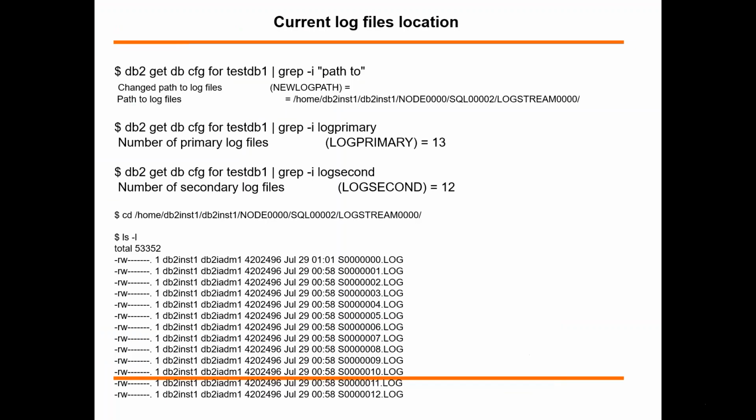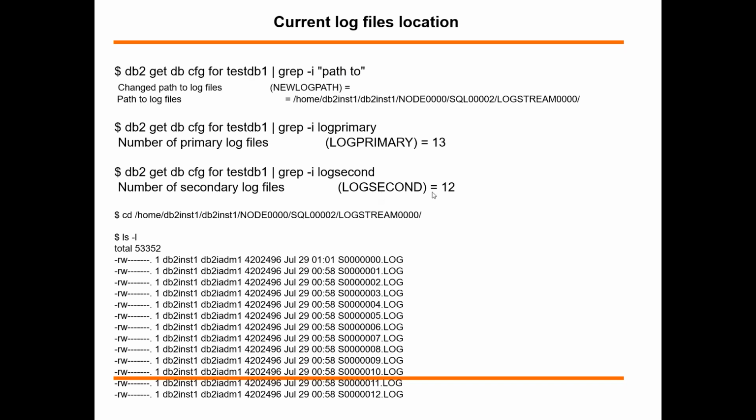So let's quickly skim through some of these parameters. DB2 get db cfg helps me get the database-level configuration, for any specific database. Path to log files is the location where I have the transaction logs stored. Log primary, like I said, is the primary log files.